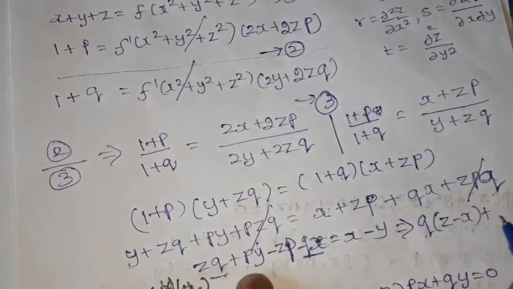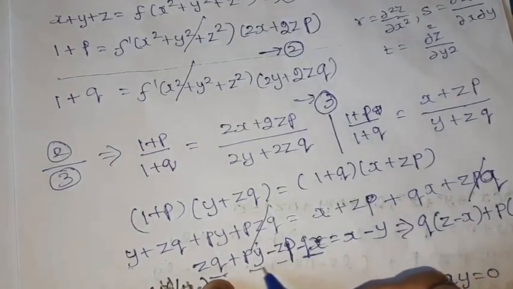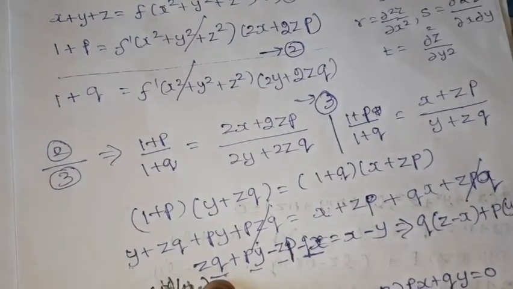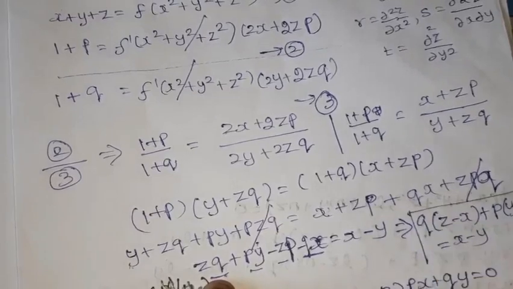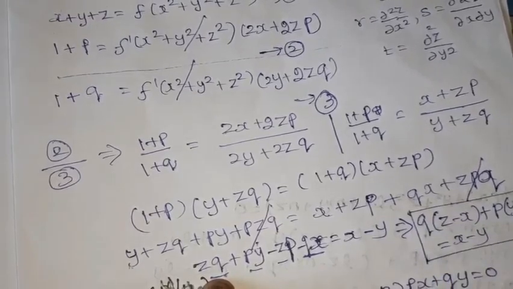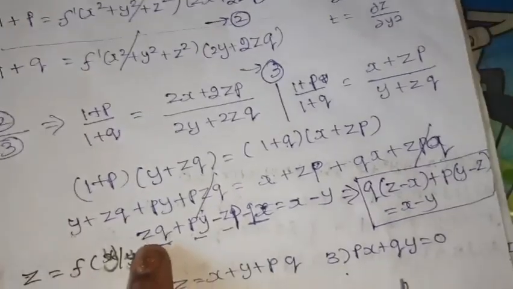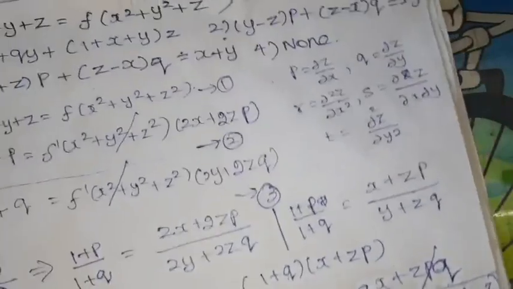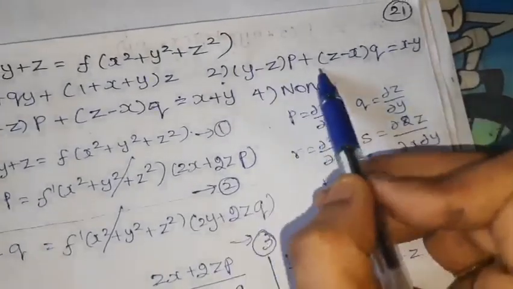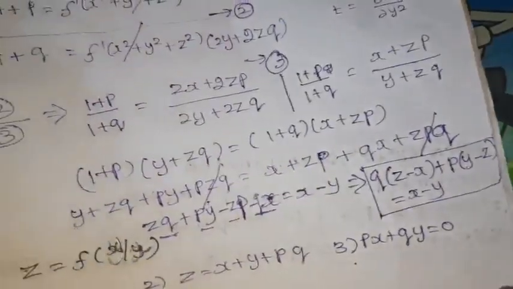Taking p outside from the second and third terms, we get p into y minus z, equal to x minus y. So this is the differential equation: p into y minus z plus q into z minus x equal to x minus y. So the option is y minus z into p plus z minus x into q equal to x minus y. This is the correct option for this problem.